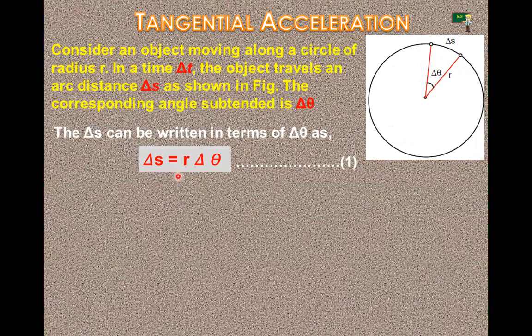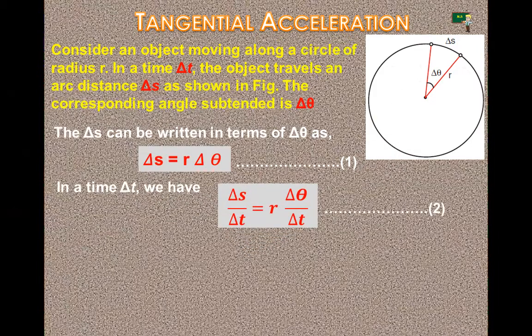Therefore, del s is equal to r into del theta, which is multiplied by the radius it covers, and which is termed as equation number 1. In a time del t, we have del s by del t is equal to r into del theta by del t, which means we divide the displacement by time to find the velocity.